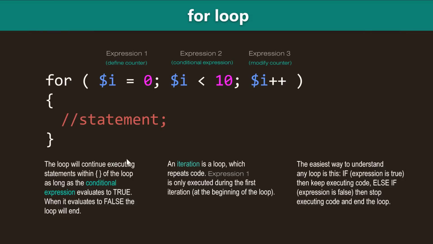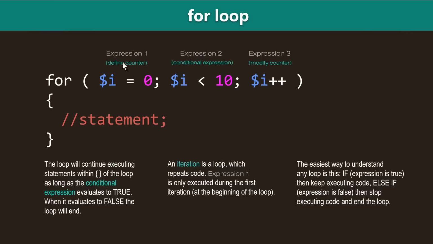So the loop will continue executing statements within the curly brackets as long as the conditional expression, which is expression 2, evaluates to true. When it evaluates to false, the loop will end. And the iteration in the loop is something that repeats the code. So every iteration, the code is repeated.